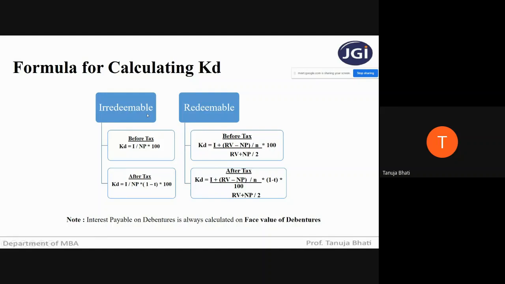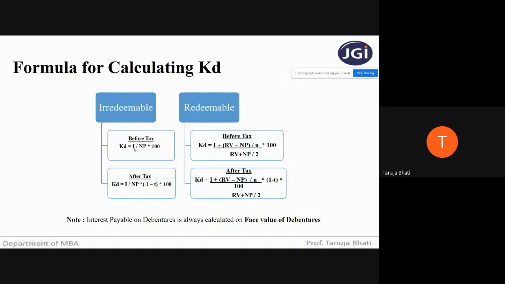After identifying whether it is an irredeemable or redeemable debenture, the next step is to see whether they have asked for before tax calculation or after tax calculation. Suppose it is an irredeemable debenture and it is before tax. What is the formula?